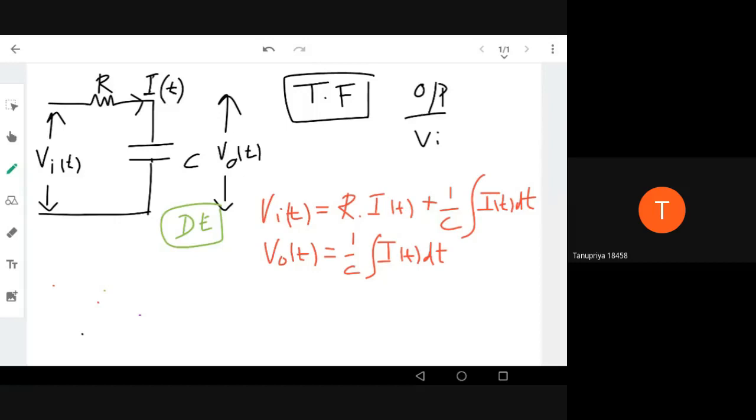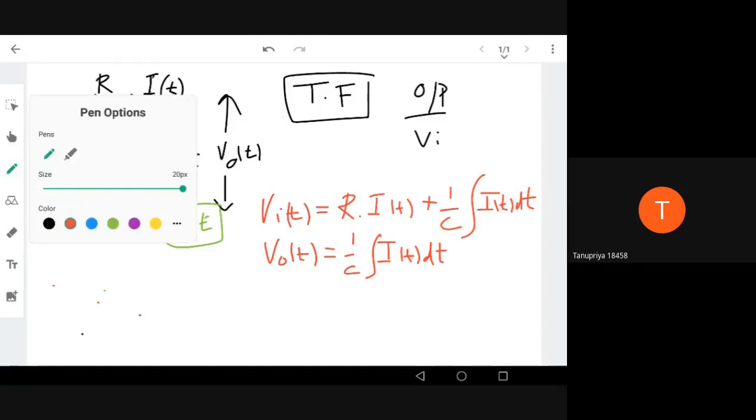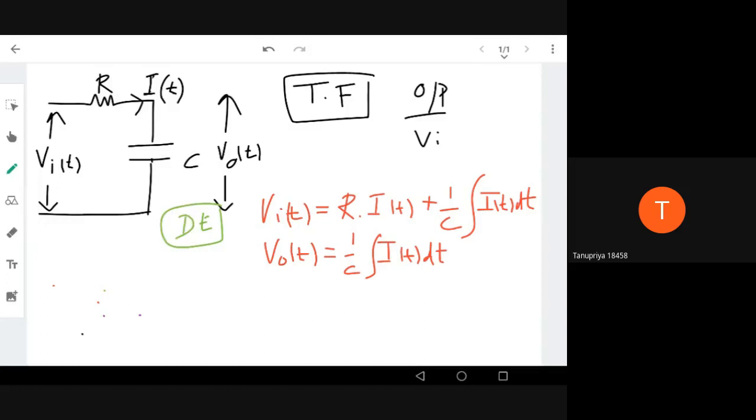But having a differential equation in the numerator and denominator is not an easy thing to deal with. So we always go for the Laplace transform. If we apply the Laplace transform, we can write V input as V_i(s) equals R I(s) plus 1 by Cs I(s), since integration puts s in the denominator.